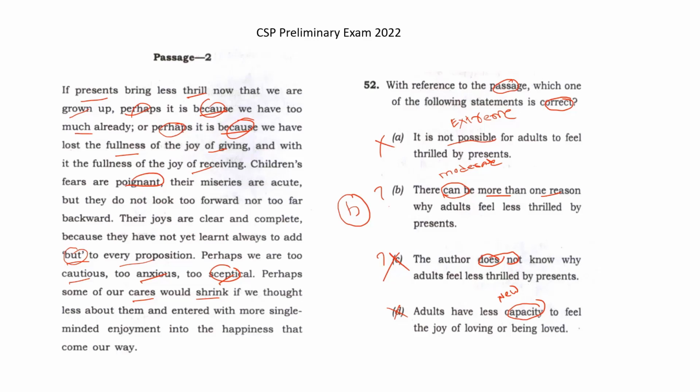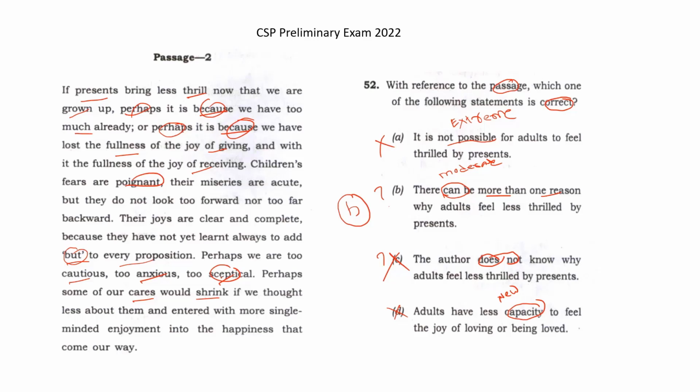So don't worry about such vocabulary. Even if you don't know the meaning of one or two words, just ignore the meanings. Use this technique, and you'll be able to find the best option.